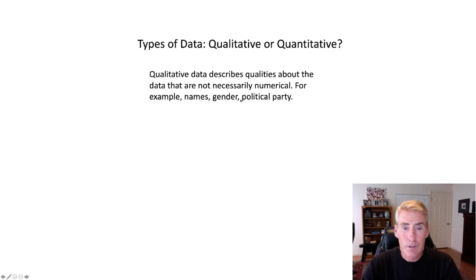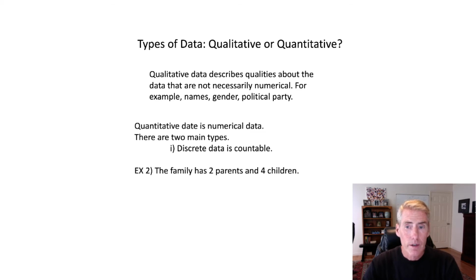These are all basically just names of different things. Political parties are names, genders use names, hair color is red, blue, purple, etc. So those are qualities.